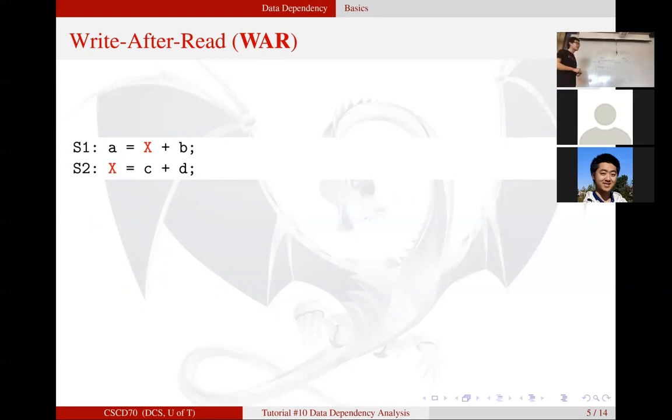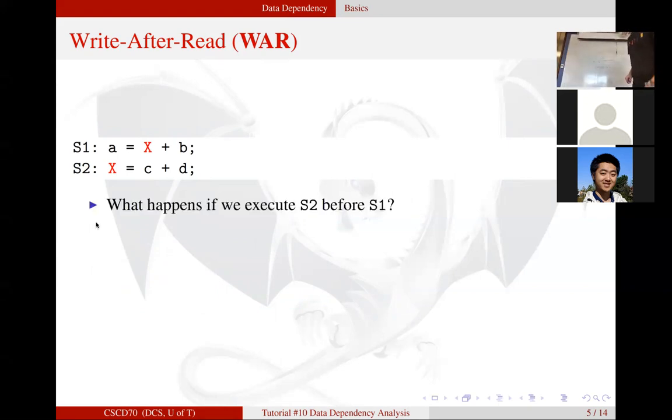As another example, we have, as shown on the slide, A is equal to X plus B, and X is equal to C plus D. So this is known as write after read dependency. So you might ask, what happens if we execute S2 before S1?